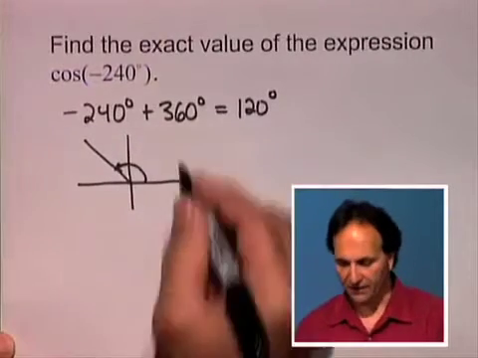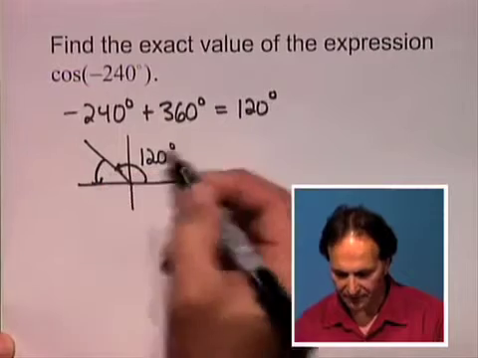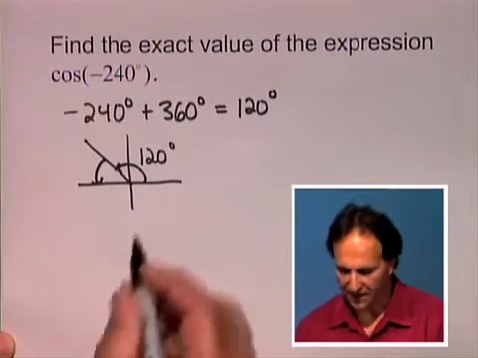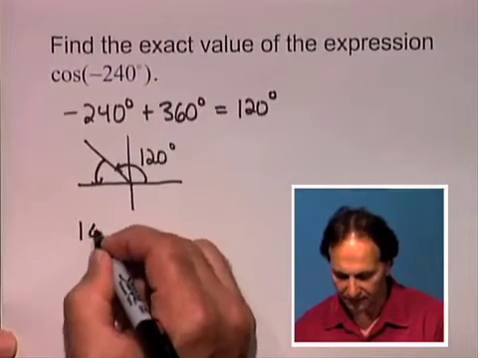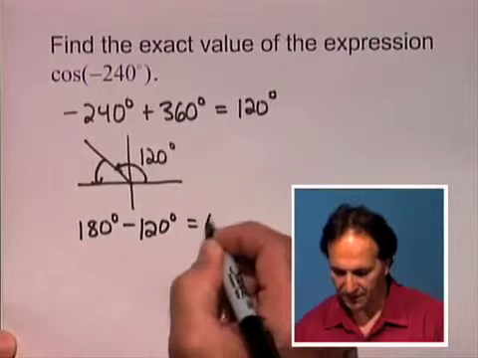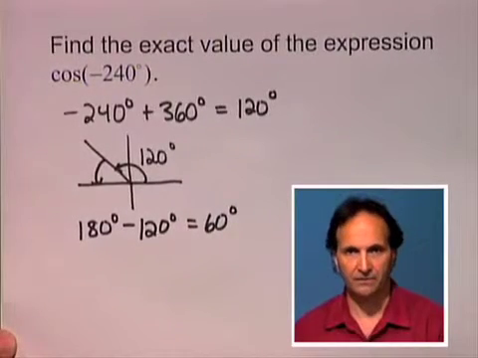And now to find the reference angle would be the positive angle between the terminal side and the closest part of the x-axis. So it would be 180 degrees minus 120 degrees. The reference angle is 60 degrees.